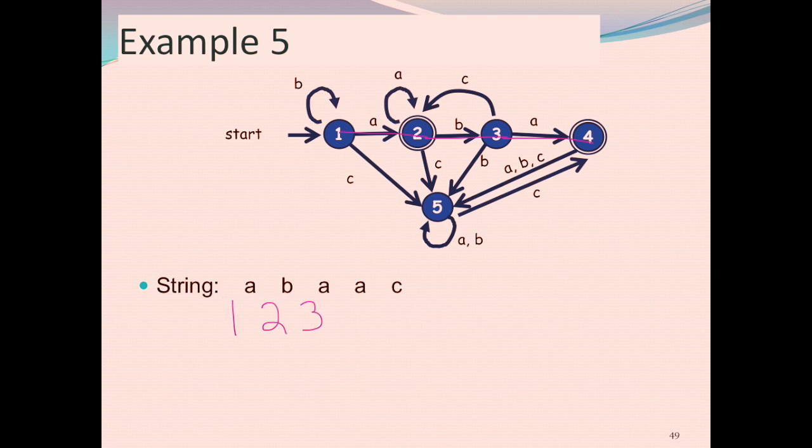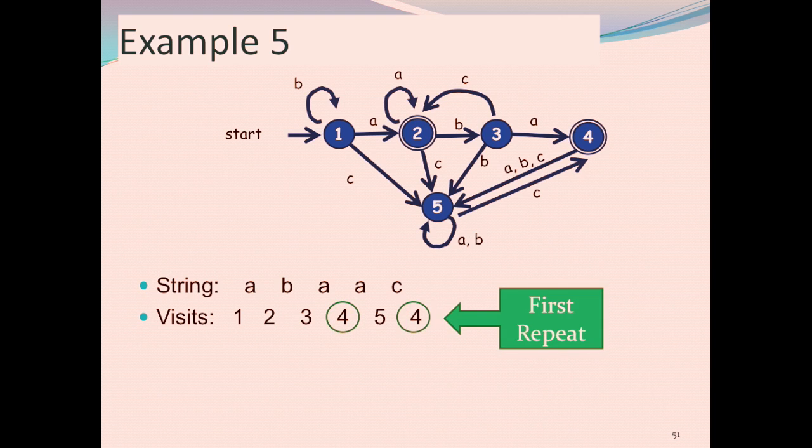A, so we're at state 4. Another A, so we go to state 5, and a C, so we go to state 4. So there's your first repeat. Okay, there it is, drawn a little bit more neatly, but again, the first repeat is these 4s.